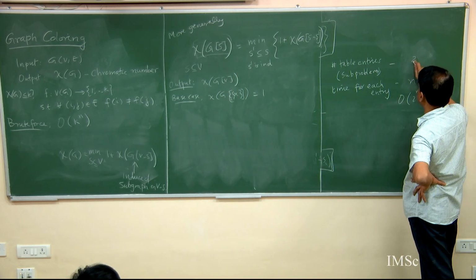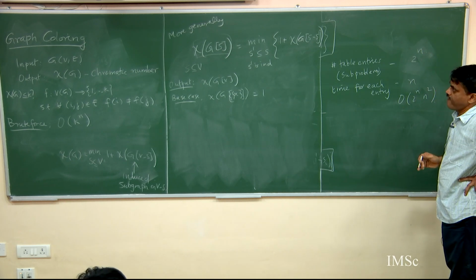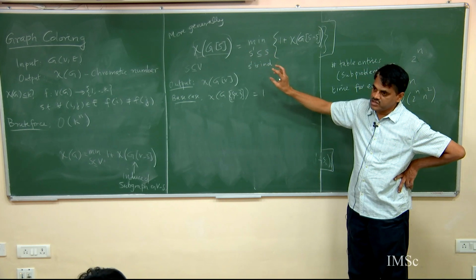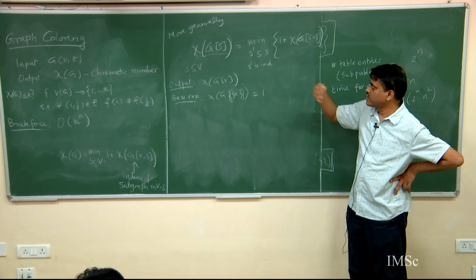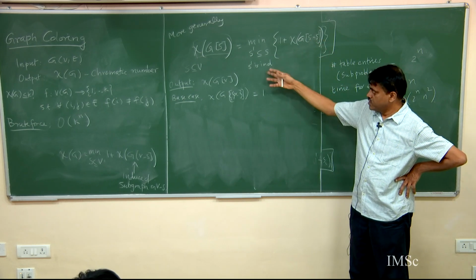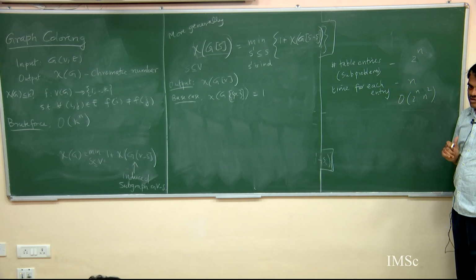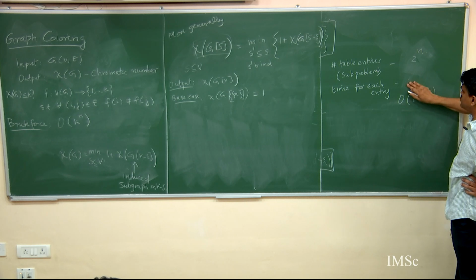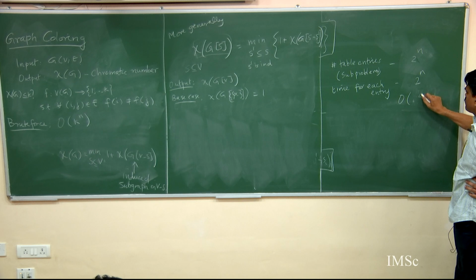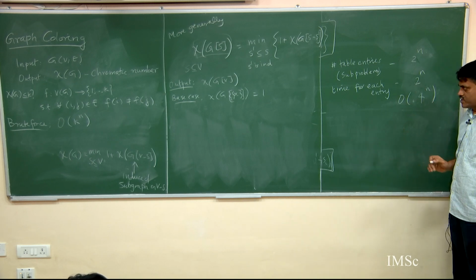So, that is 2 to the n, and the time for each is this: looking at all subsets of that vertex set, and then this is a table entry. We are going to pick them up and do a min. So, the number of subsets could be another 2 to the n by brute force. So, it is still better than our k to the power n for k very large.